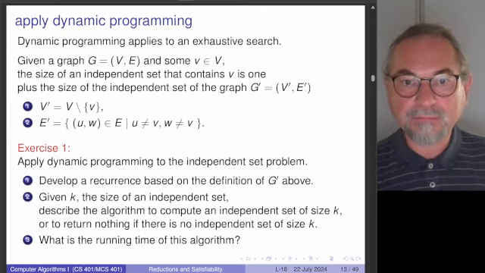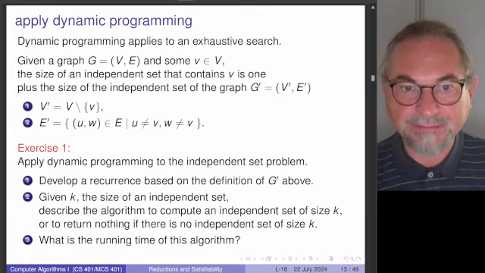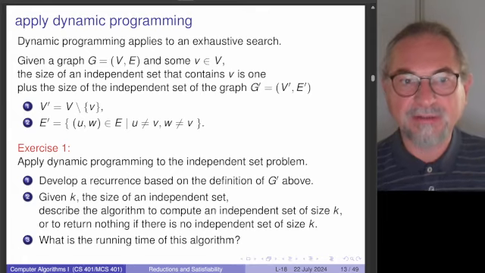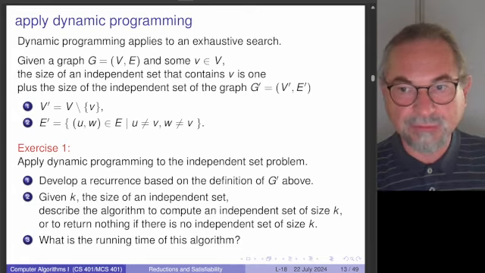from the vertex V. So if you find an independent set in that graph G prime, can you actually use that connection to derive a recurrence?